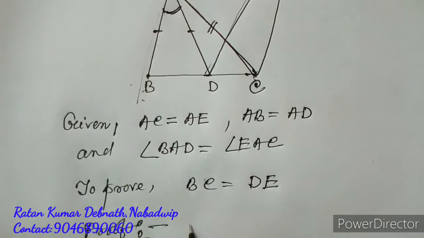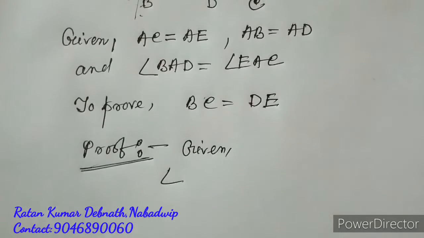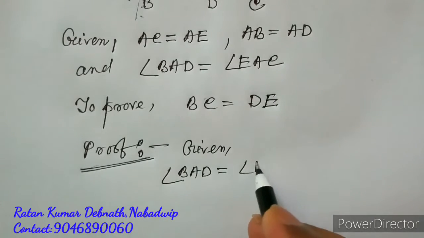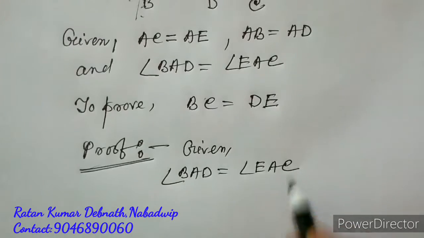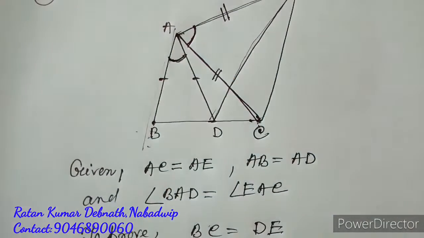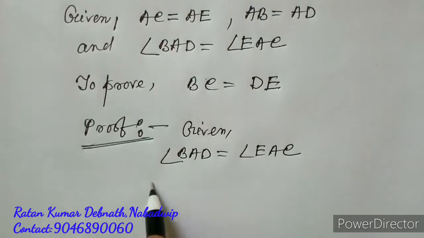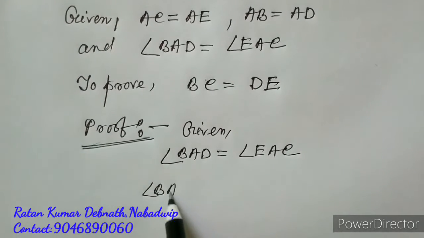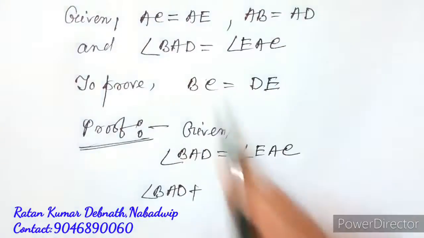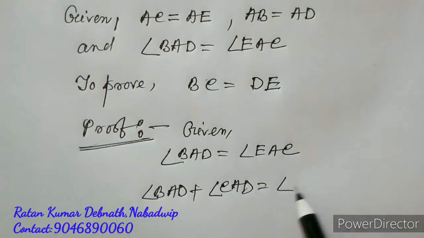Given angle BAD equal to angle EAC, these two angles are equal. This is given. Now I am adding angle CAD both sides.